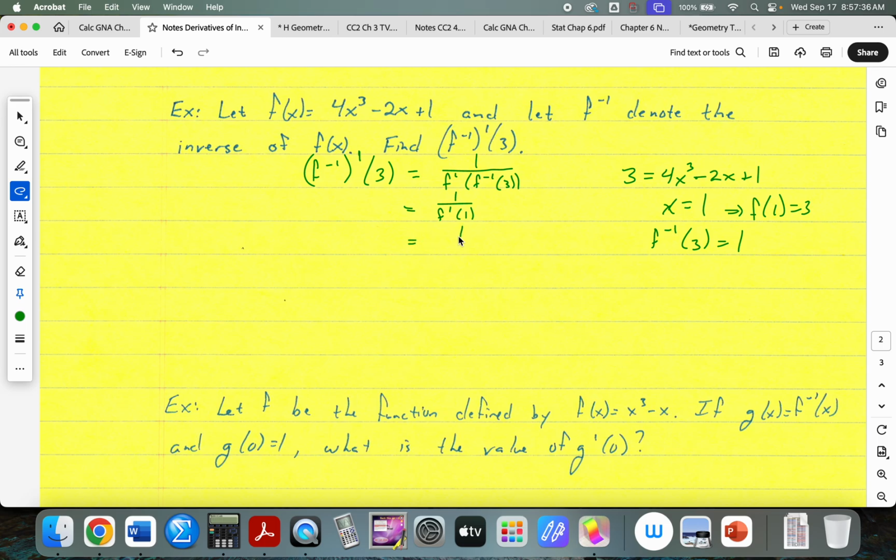So that's going to be 1 over, I'm going to go ahead and just take the derivative in general. That'll be 12x squared minus 2, evaluated at x equals 1. So that's going to be 1 over 12 minus 2, which is 1/10.